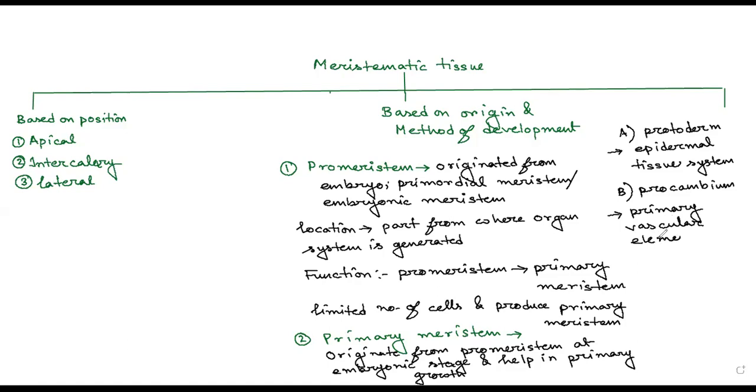What are the vascular tissues of plants? What do plants use to conduct and transport things? Very good. So primary vascular elements, that is xylem and phloem, are formed by a type of primary meristem which is called procambium.